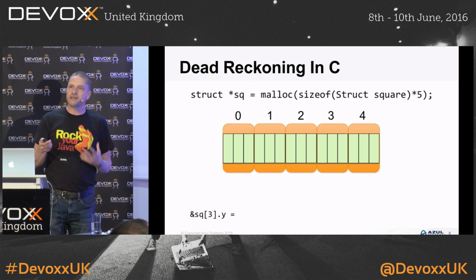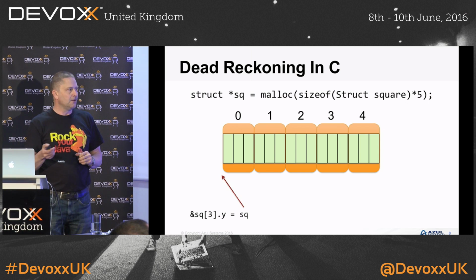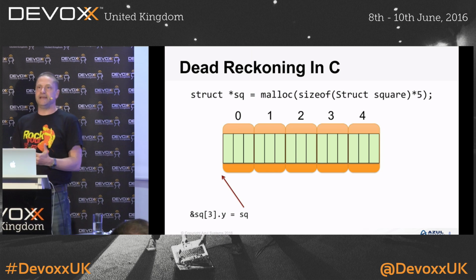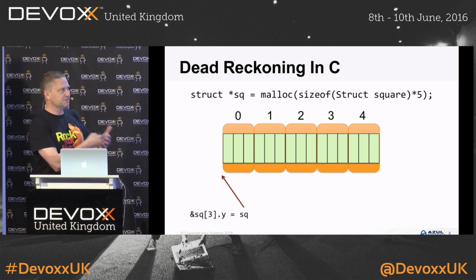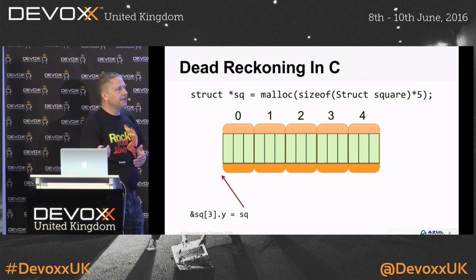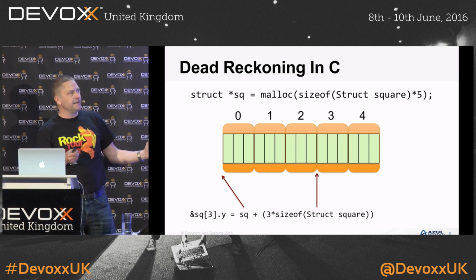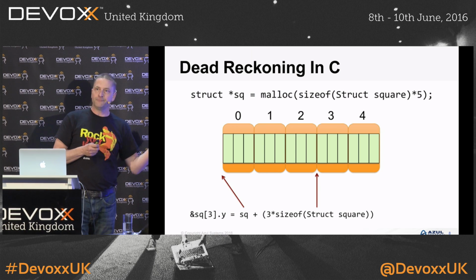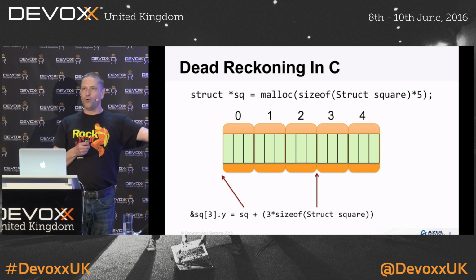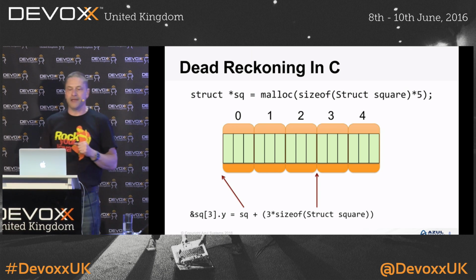The answer is that I can do it mathematically. I know the beginning of the array, because I've got the address of the array, an explicit pointer. I can then increment that by 3 times the size of my struct, and that will give me the beginning of the 4th element in the array.